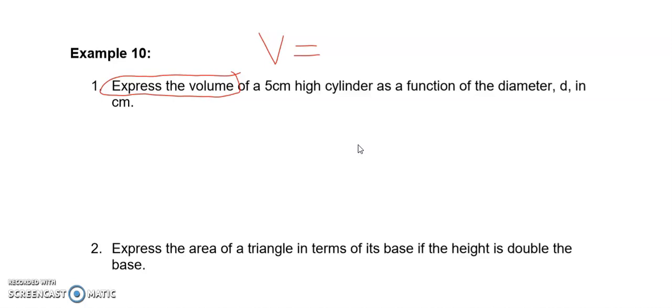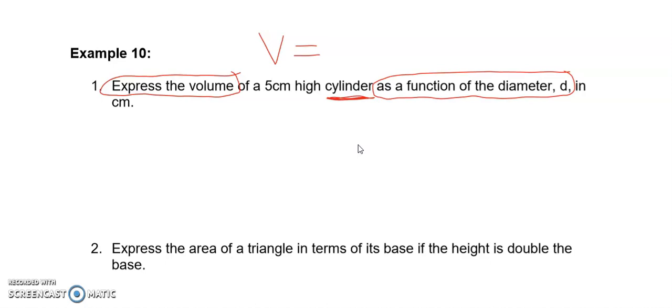Now, read the rest of the question. It says of a 5 centimeter high cylinder. Okay. So you're going to need the formula for the volume of a cylinder. But then it says, and here's the other important part to this problem, as a function of the diameter.